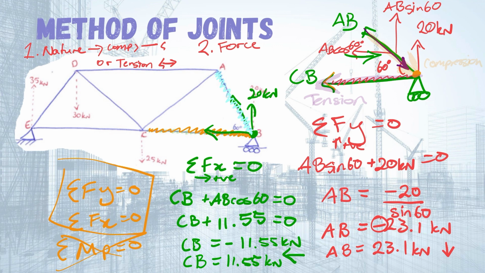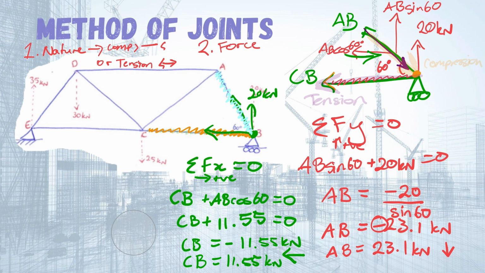Alright, so now that we know that, we can work out what the nature of that force is. So we see that CB is acting away from the pin joint. If something's acting away from the pin joint, it's being pulled, so it's in tension.